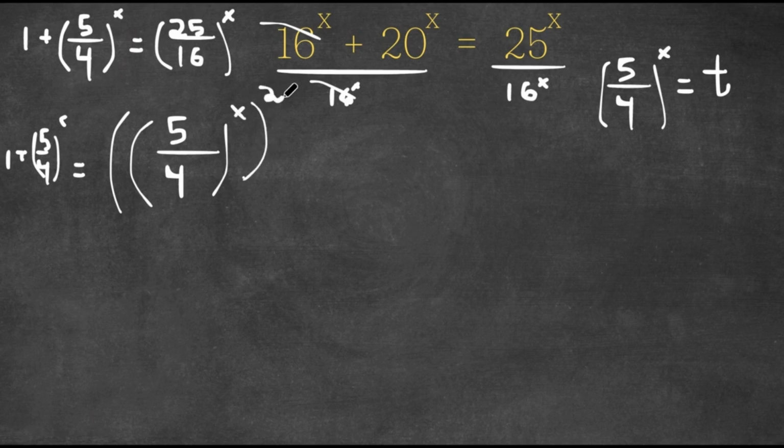So now if I replace 5 over 4 to the power of x with t, I get 1 plus t is equal to t squared. So now if I subtract t and 1 on both sides, I get 0 is equal to t squared minus t minus 1.